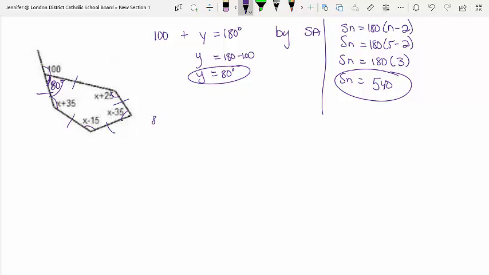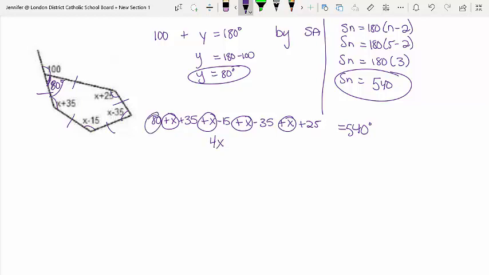So, 80 plus x plus 35 plus x minus 15 plus x minus 35 plus x plus 25 should all equal 540. So I'm going to collect the like terms. So I have x plus x plus x plus x, which is 4x.